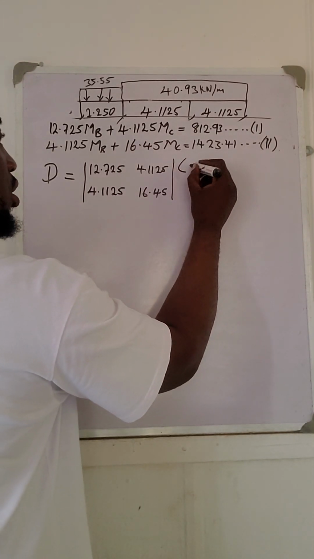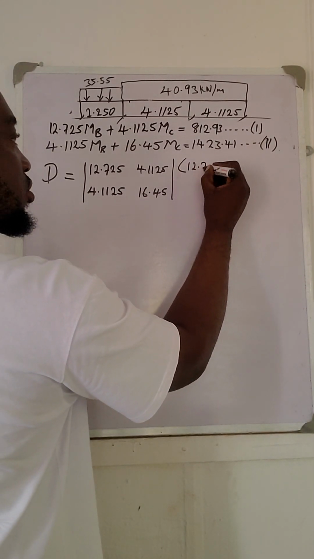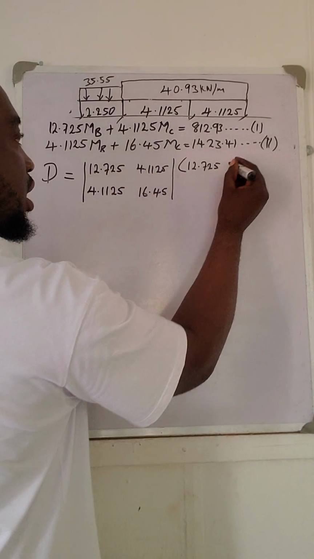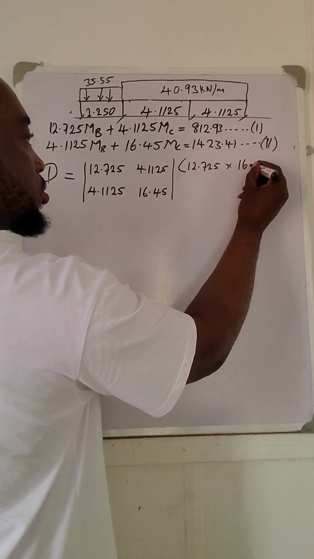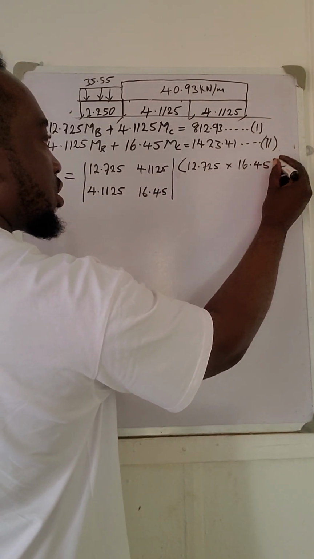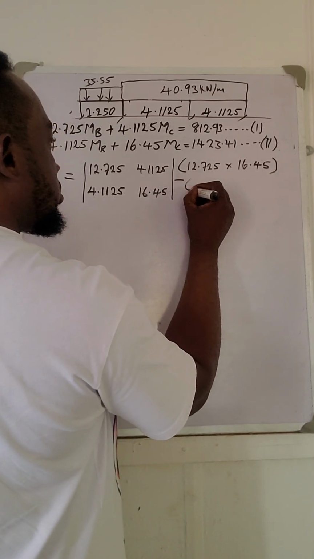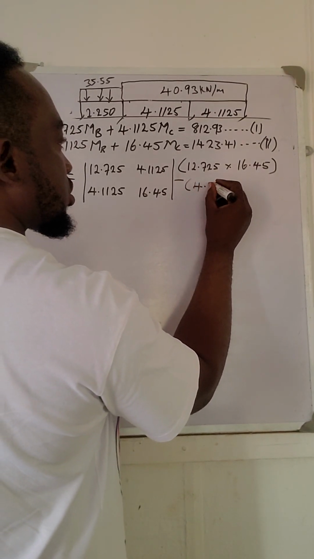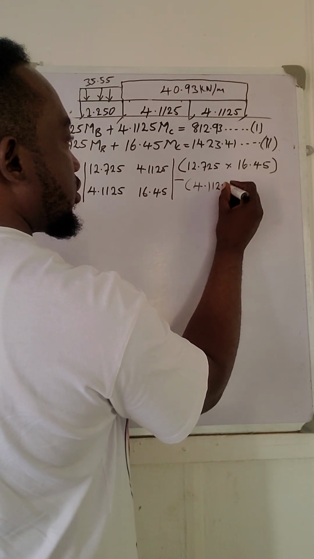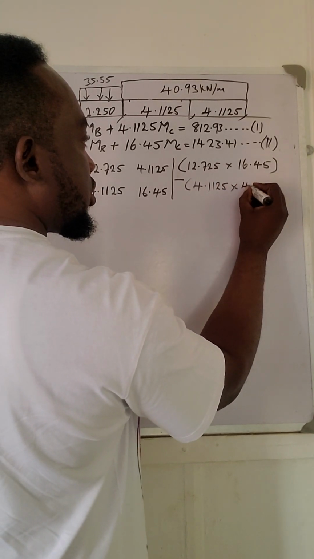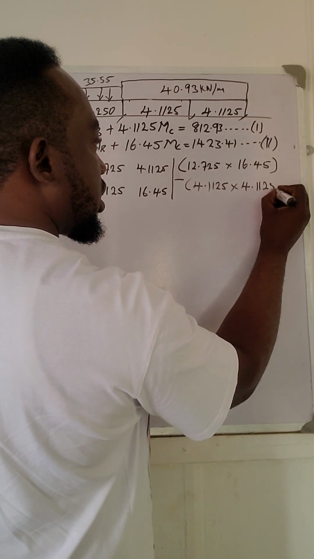We have 12.725 multiplied by 16.45, minus 4.1125 multiplied by 4.1125.